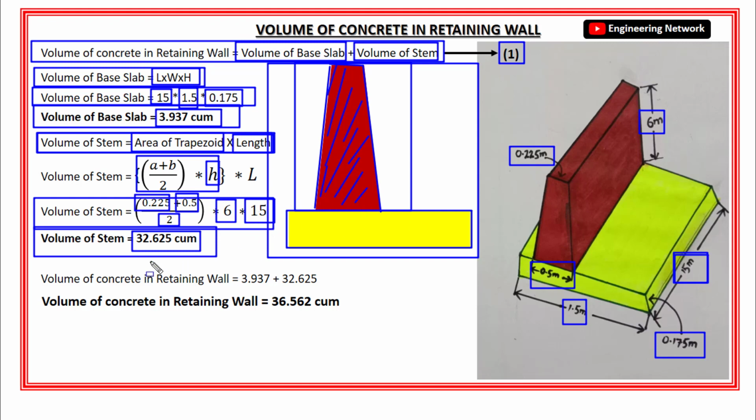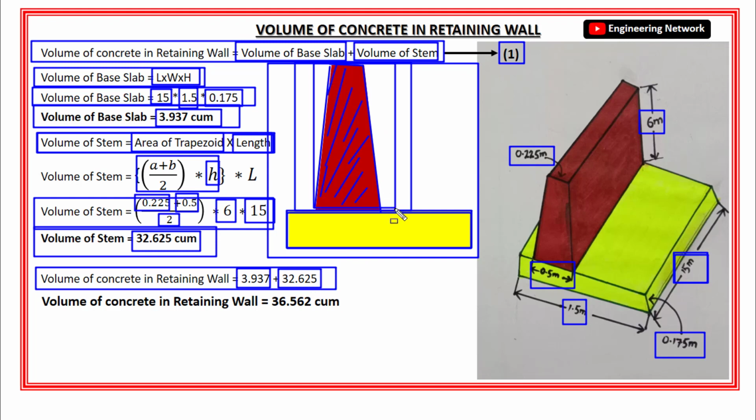Okay. So now I can easily find out the total volume of this retaining wall. So the volume of retaining wall is equal to 3.937 cubic meter, which is the volume of concrete in base slab, plus 32.625 cubic meter, which is the volume of concrete in stem of this retaining wall, right?